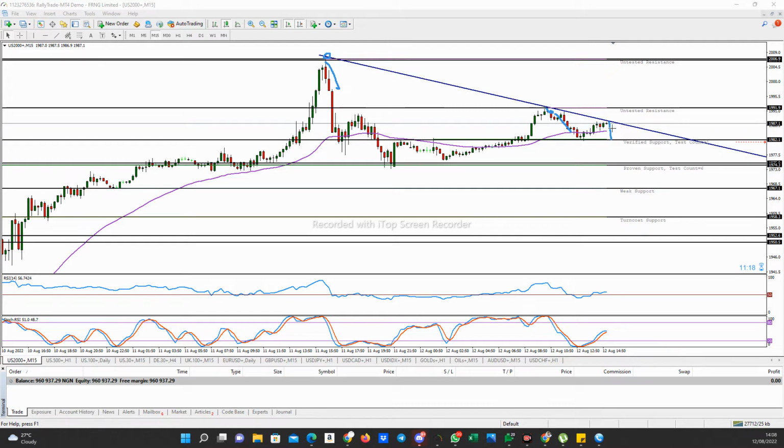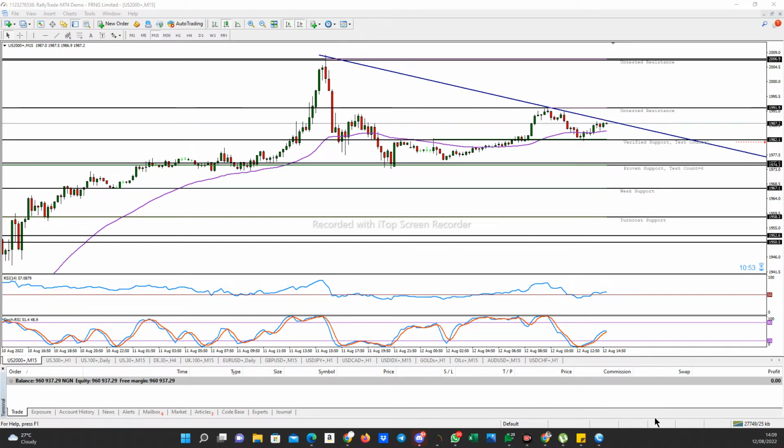But this area is kind of small. If you really want to enter a sale, you want to be looking at entering your sale around this area. This is where you really want to enter your sale. So on the 15 minutes, if price is able to break and close below this verified support, you want to go in for a sell and take your first take profit at 1974.3.